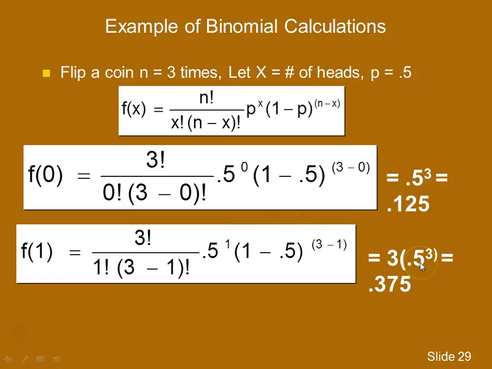That'll just be a half cubed. The combination formula here is equal to 3. Remember one of our shortcuts? How many ways can you get one head in 3 flips? There'll be exactly 3. So we have 3 times a half cubed, or 0.375, as the probability of one head in 3 flips.